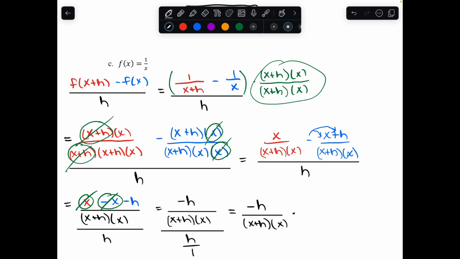So this will be times 1 over h. I have an h in the numerator and an h in the denominator, so those two are going to cancel out. And so my final answer is going to be negative 1 divided by (x plus h) times x.